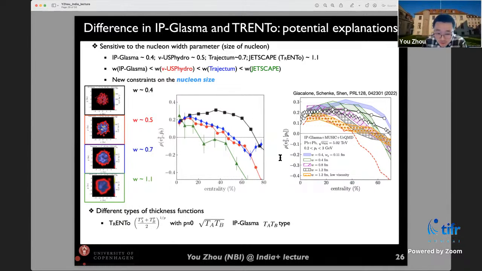And even for all the Bayesian analysis, or IP-Plasma, they include mean pT as a fit. They do not include the higher order, or they only include the second-order pT correlation, which is not sufficient to constrain the size. I guess that's a direct message I would say. Okay, thanks. If it's unclear, we can also have further discussion later, don't worry.